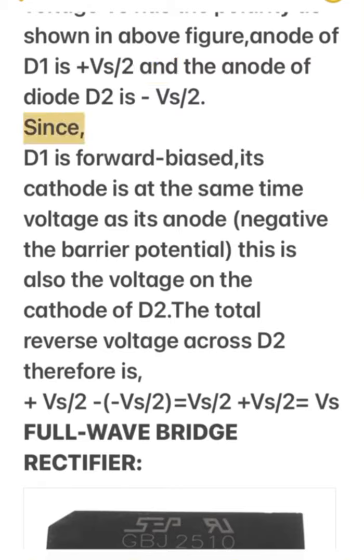Since D1 is forward biased, its cathode is at the same voltage as its anode, minus the barrier potential. This is also the voltage on the cathode of D2. The total reverse voltage across D2 therefore is Vs/2 plus Vs/2, which equals Vs.